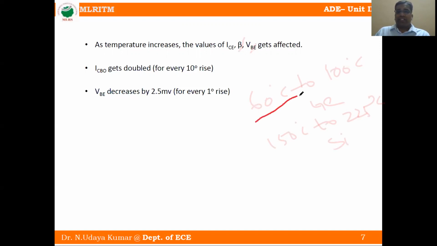From 60 to 100 degrees centigrade is for the germanium diode, and 150 to 225 degrees centigrade is for the silicon diode. If the temperature increases beyond that or drops below it, there is instability in any amplifier circuit.